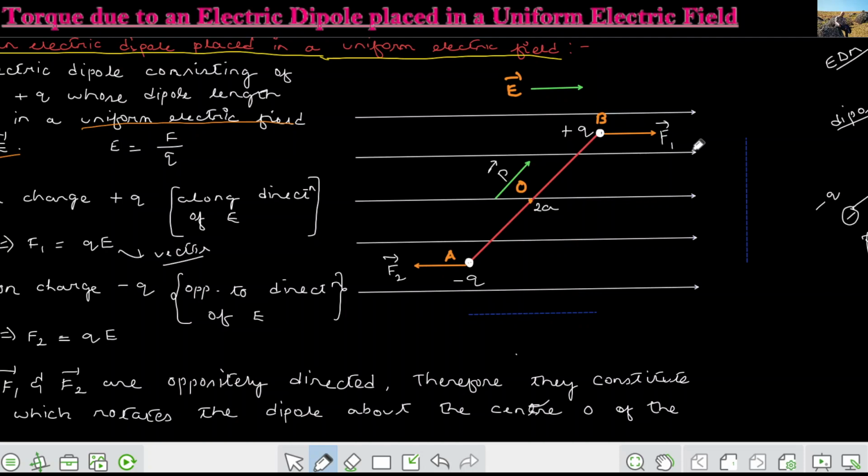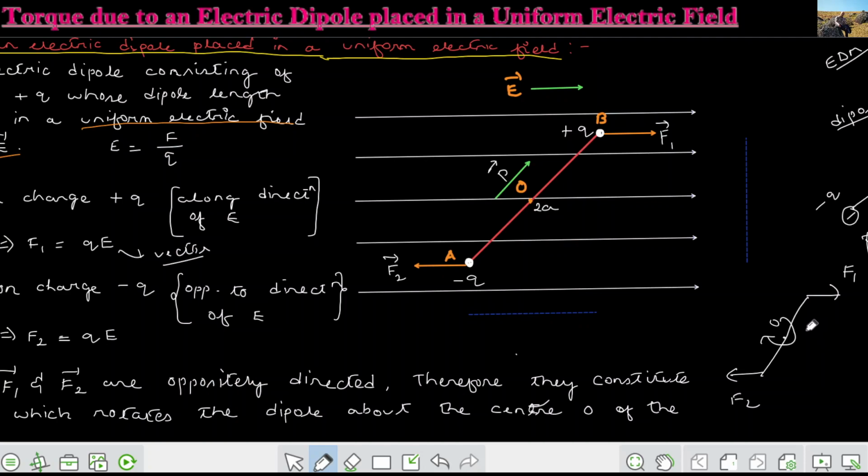Such forces which act in opposite directions constitute a torque. If I have a body like this, and I apply force in this direction and force in this direction, this is F2 and this is F1, at the center O this body will rotate about that point.